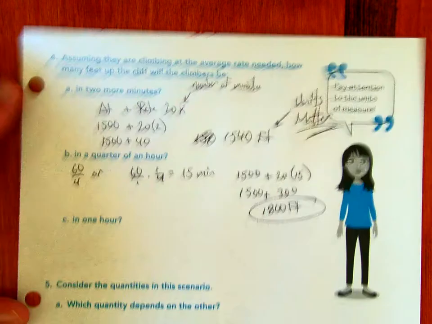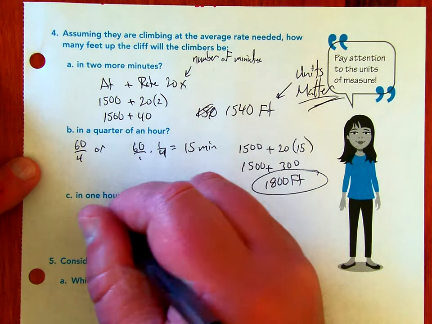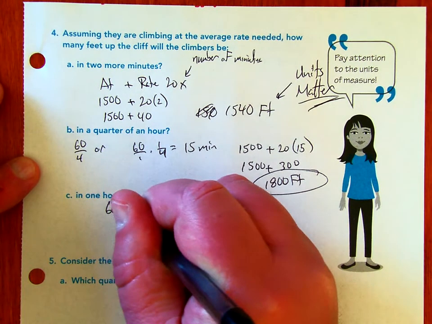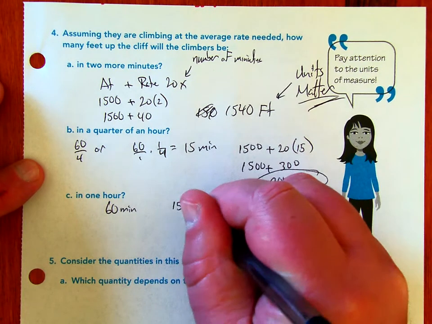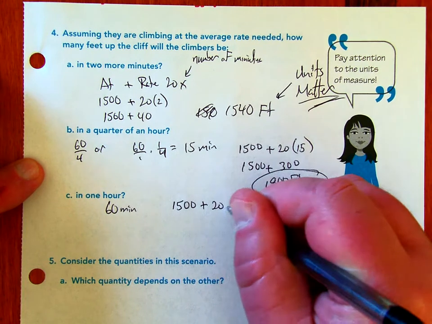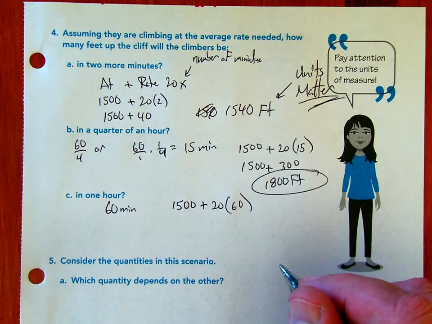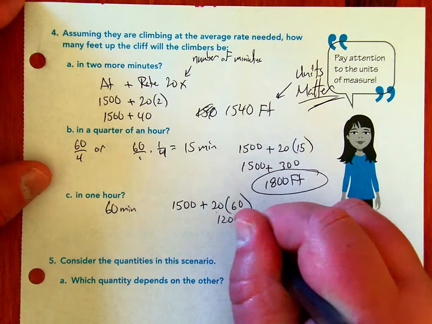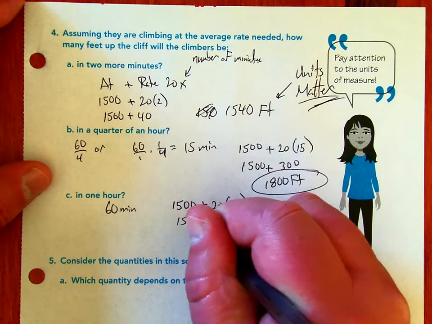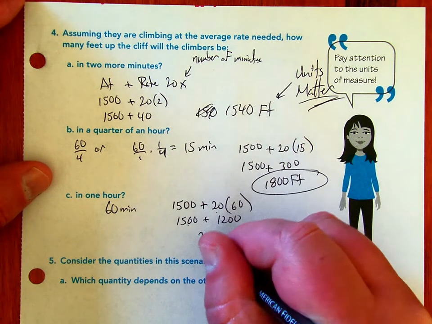After 1 hour of you being there. So again, an hour is 60 minutes. We're going to use that same, they were at 1,500 feet, plus they go 20 feet per minute, and they're going for 60 minutes. 20 times 60 is 1,200. 1,500 and 1,200 is 2,700 feet.